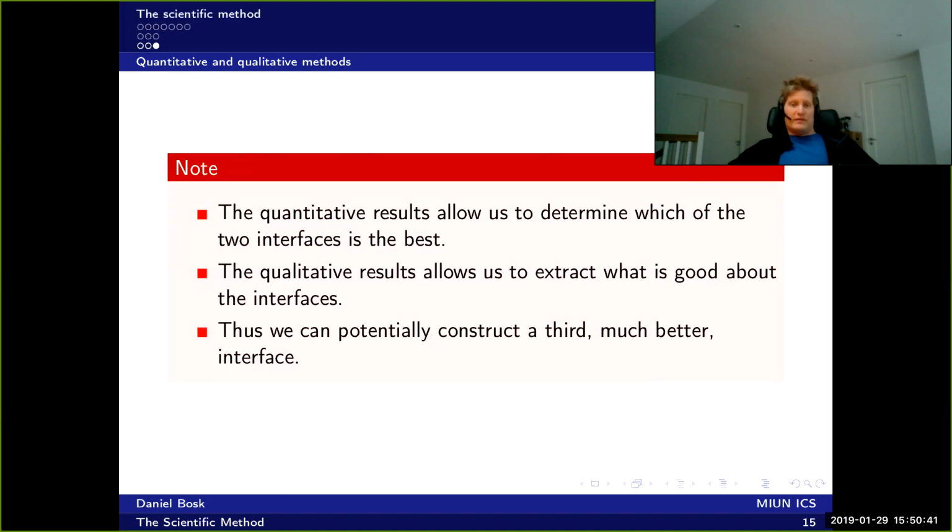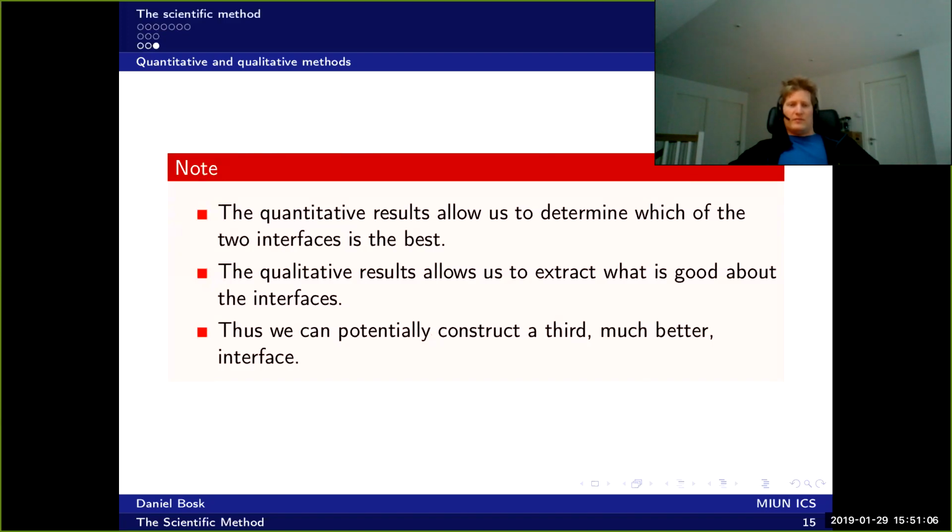So the quantitative results allow us to determine which of the two interfaces is the best, since we had everything quantitatively defined. The qualitative results, however, allow us to extract what is good about the interfaces. So for instance, each of the interfaces might have good qualities, but neither of them is perfect.